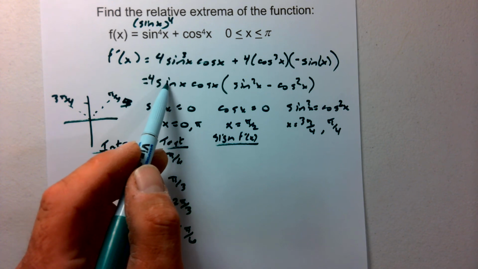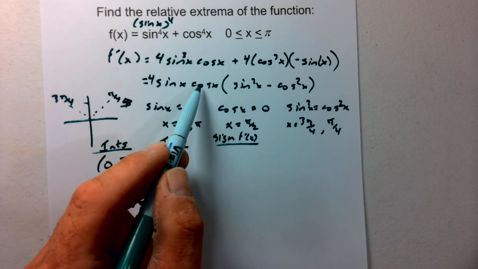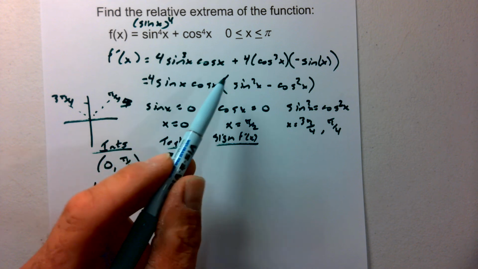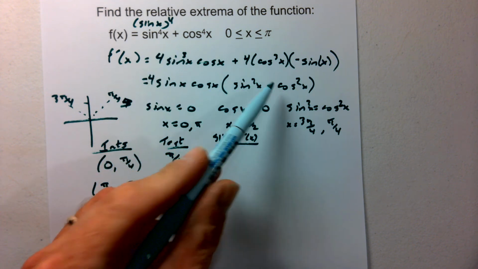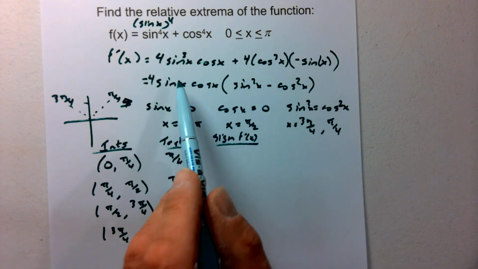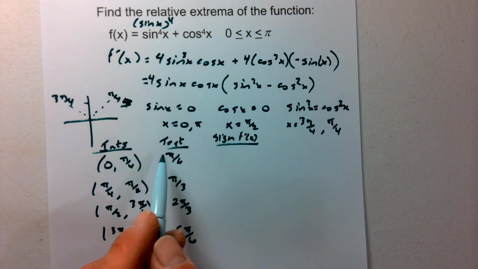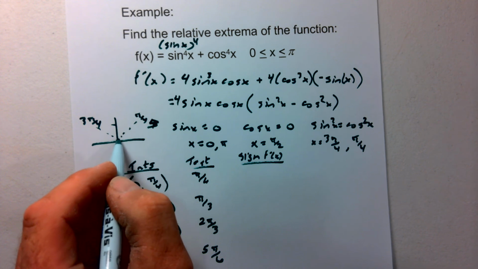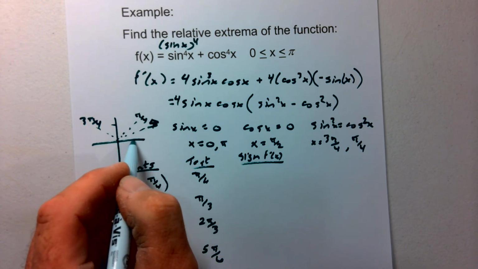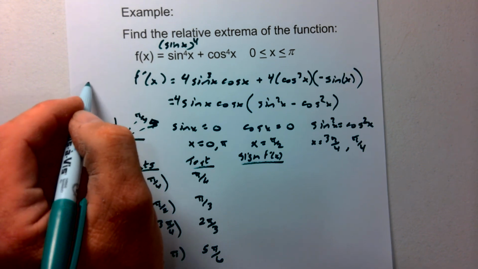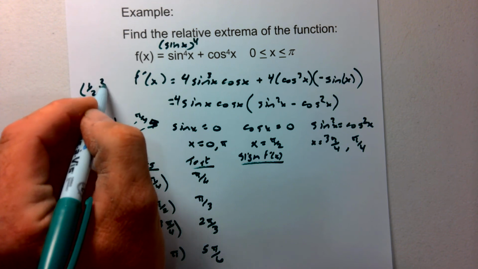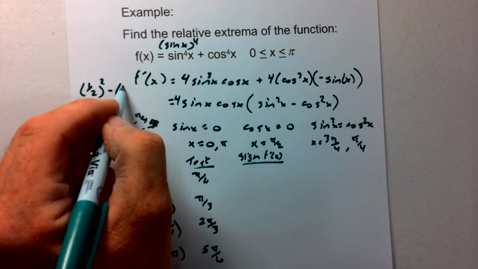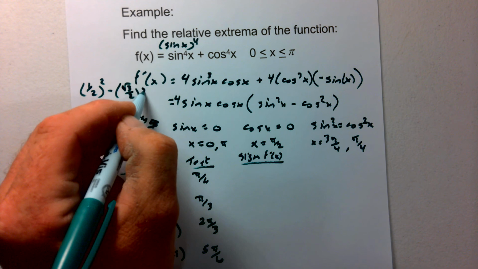So the sine of pi over 6, that's going to give us a positive. Cosine of pi over 6 is going to be positive as well. But what about sine squared minus cosine squared? So that's really going to determine what the value of this is. So if we take pi over 6 and plug it in, the sine of pi over 6, we're coming over a lot and up a little, so that's going to be our 1/2 squared minus radical 3 over 2 squared.